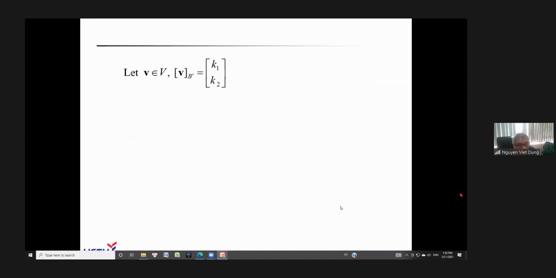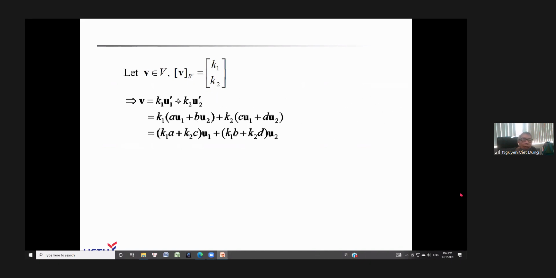Next, suppose that V is a vector inside the space, and suppose that we know already the coordinate of V in B prime, and suppose that they are K1 and K2. What does it mean? It means that V equals K1 times U1 prime plus K2 times U2 prime, because B prime consists of U1 prime and U2 prime.